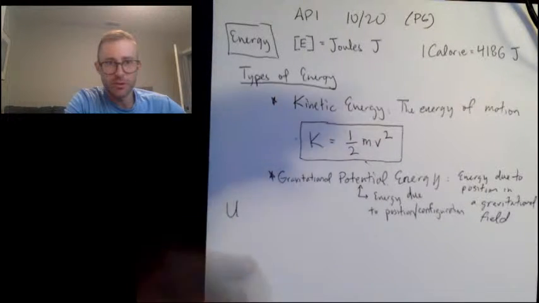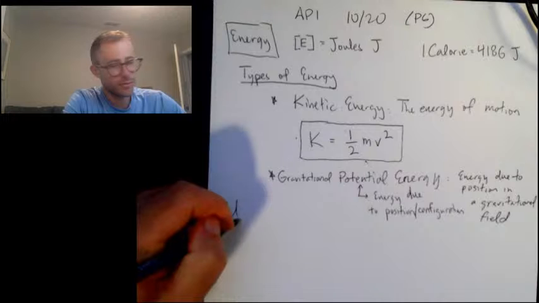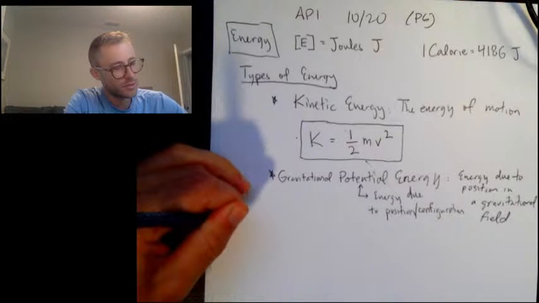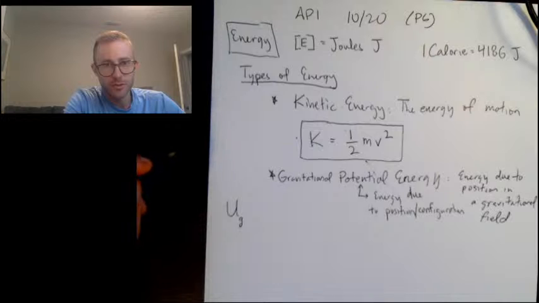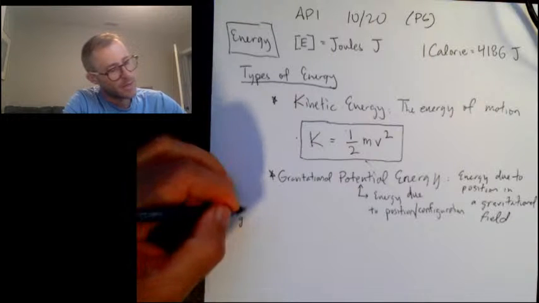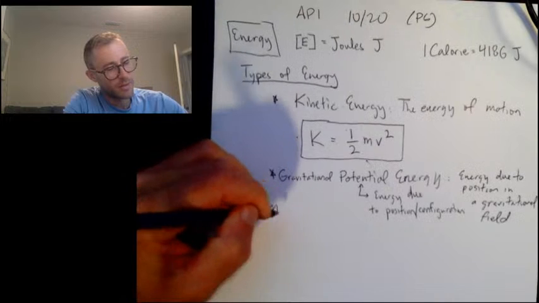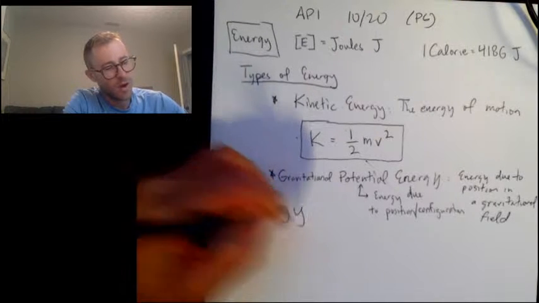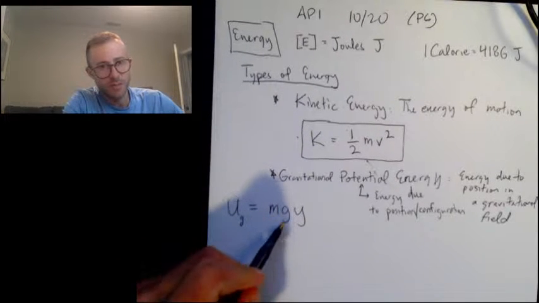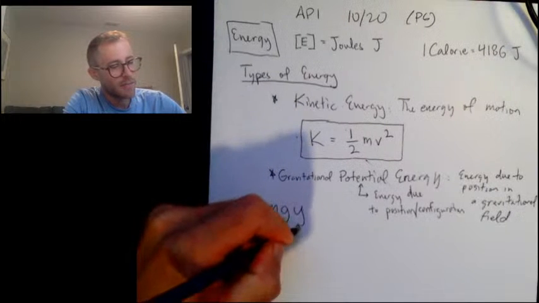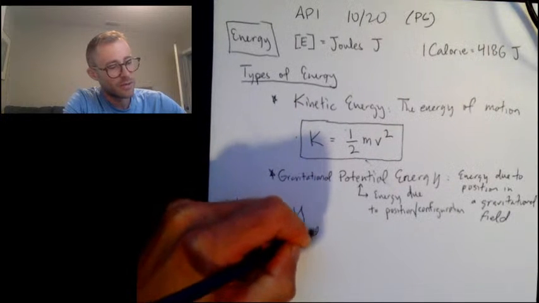So to distinguish the different forms of potential energy, I'll just put a little subscript right here. And so for gravitational potential energy in particular, it's U sub G. And the formula for gravitational potential energy is M times G times Y. So you know what M and G are? Mass and acceleration due to gravity. Y is the elevation.